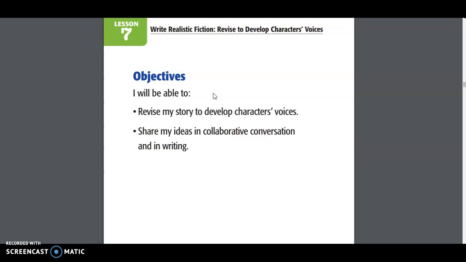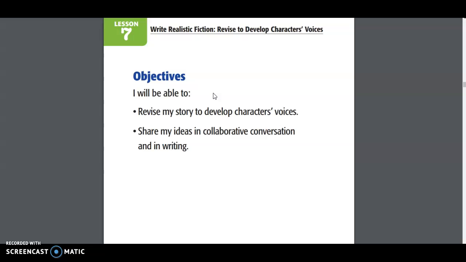Okay, so while you're reading your realistic fiction story, the one thing you focused on is developing your story characters. We want the characters to have a strong voice, which also means a strong personality. So if you go back to your planning guide, whatever you picked as the description of your character's personality needs to come out while your characters are talking.